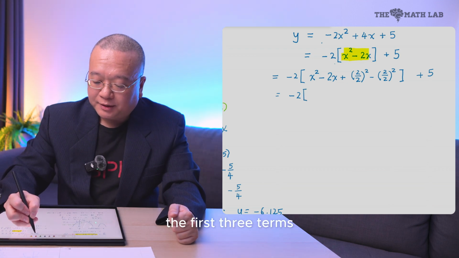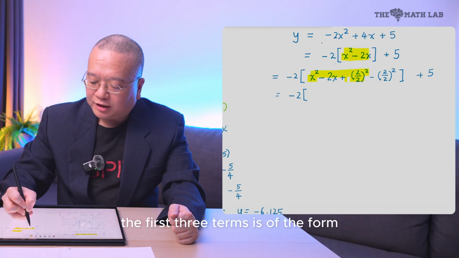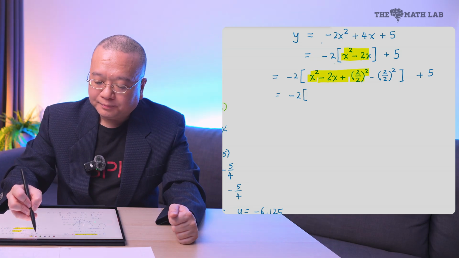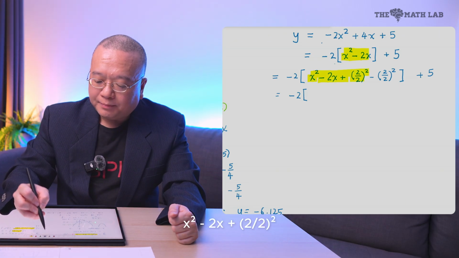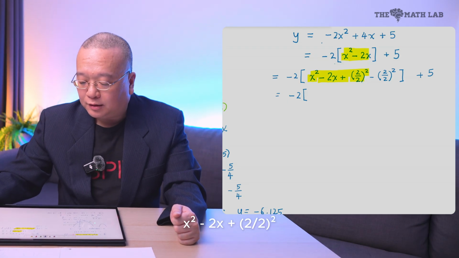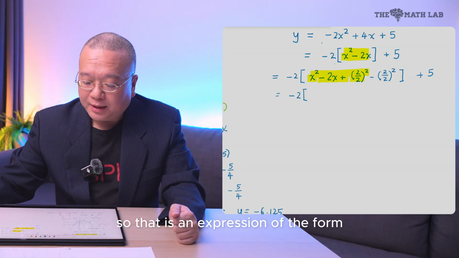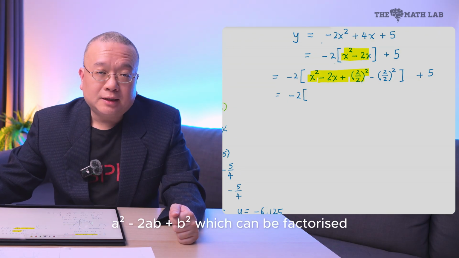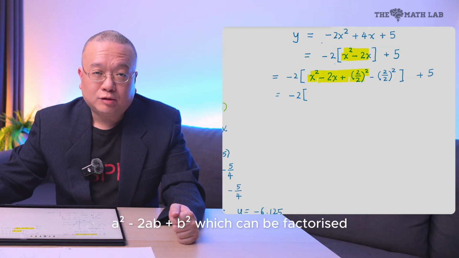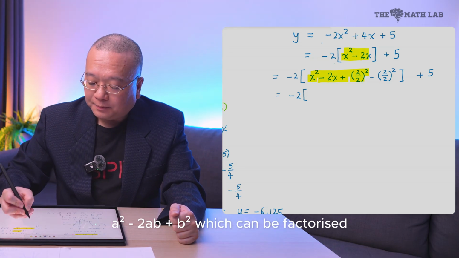The first three terms are of the form x squared minus 2x plus (2 over 2) squared. So that is an expression of the form a squared minus 2ab plus b squared, which can be factorized.